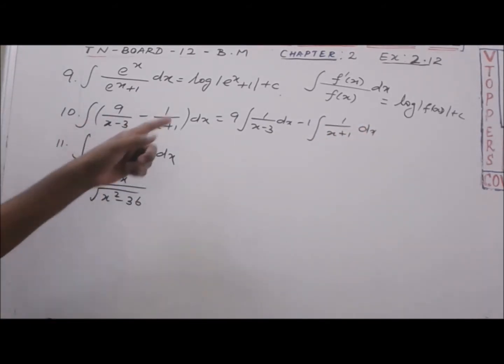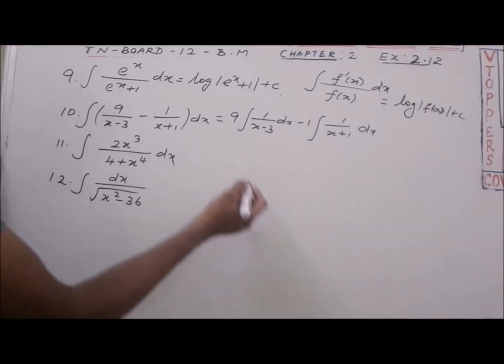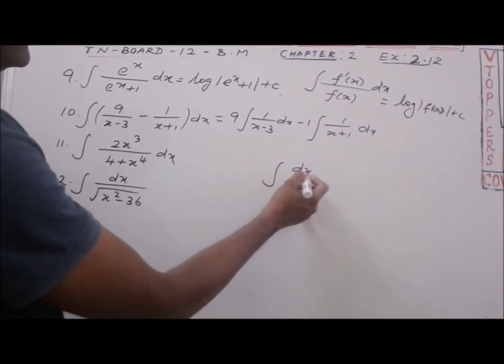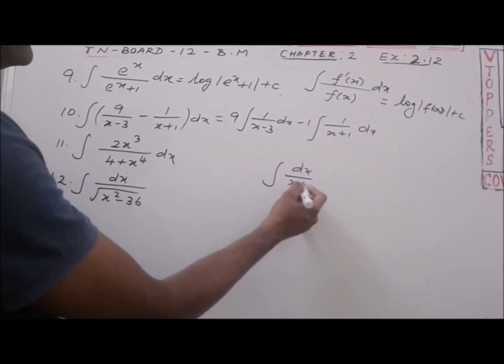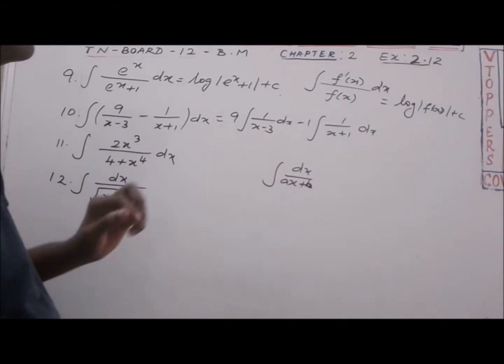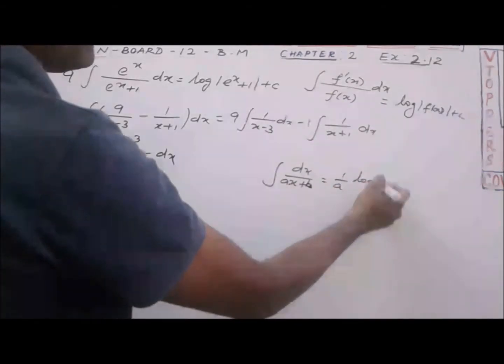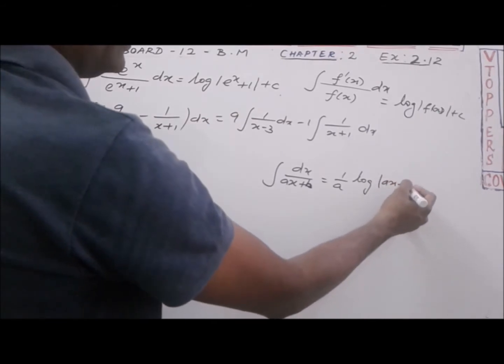We can separate the integral for the two different functions. Here this is in the form of integral dx by ax plus b.